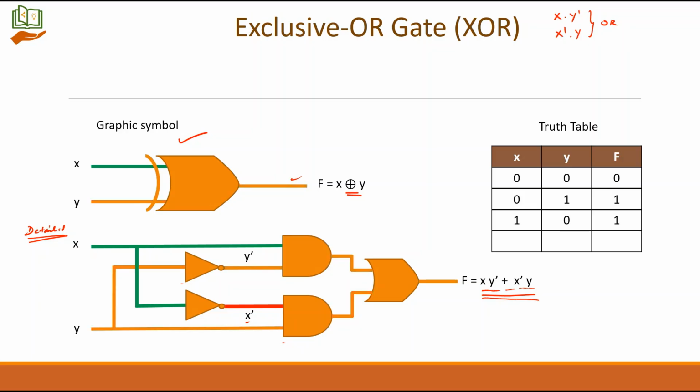What about x is equal to 1? So we have x dash is equal to 0. Now the value of y is also going to give you 1. What about y dash? It will change to 0. Now it is a combination of 1 and 0 which will give you 0 and 0 and 1 which will again give you 0. What is 0 plus 0? It will give you 0.